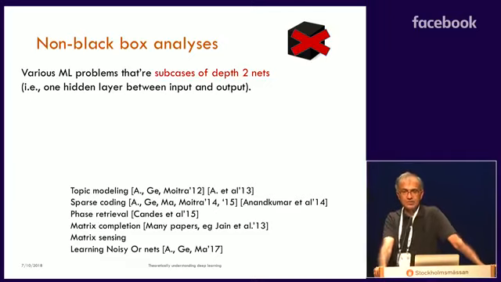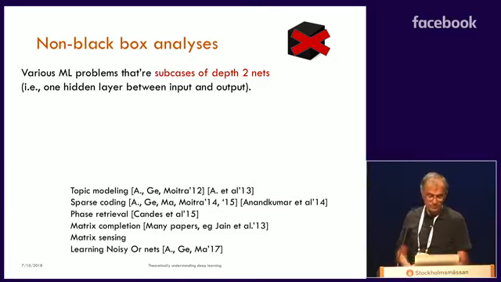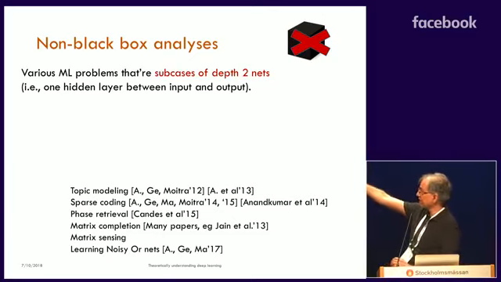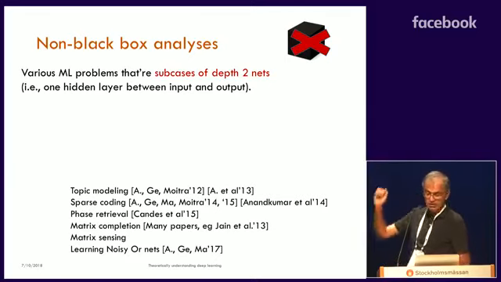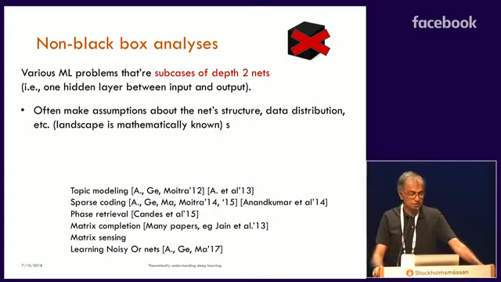So it's a very simple deep net, and even of that you take a subcase. So subcases are things like topic modeling, sparse coding, phase retrieval, matrix completion, matrix sensing, learning noisy OR nets, etc. So these are simple cases of depth 2 neural nets.